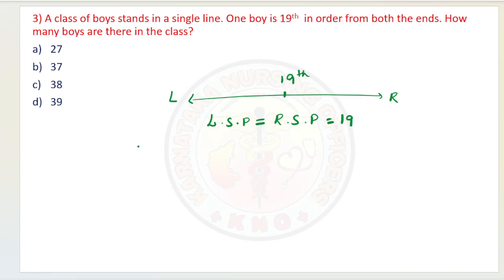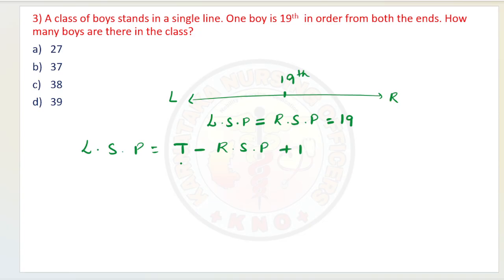Now we have the formula, right? You can use it to calculate the total number of boys in the class. You can use either the left side position or the right side position formula. I am using left side position. Left side position is equal to total minus right side position plus 1.